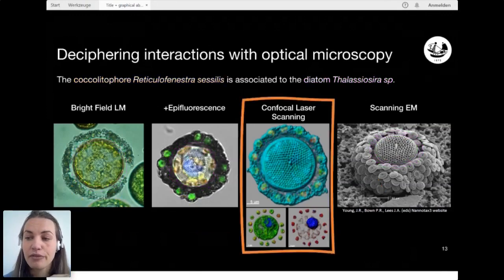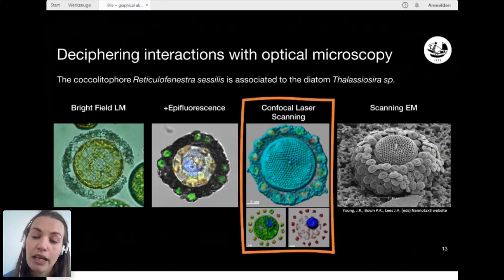However, the biggest advantage of using confocal for these kinds of studies is its optical sectioning capability, and hence the 3D capabilities. So first of all, this enables us to achieve a better estimation of the biomass of these cells.